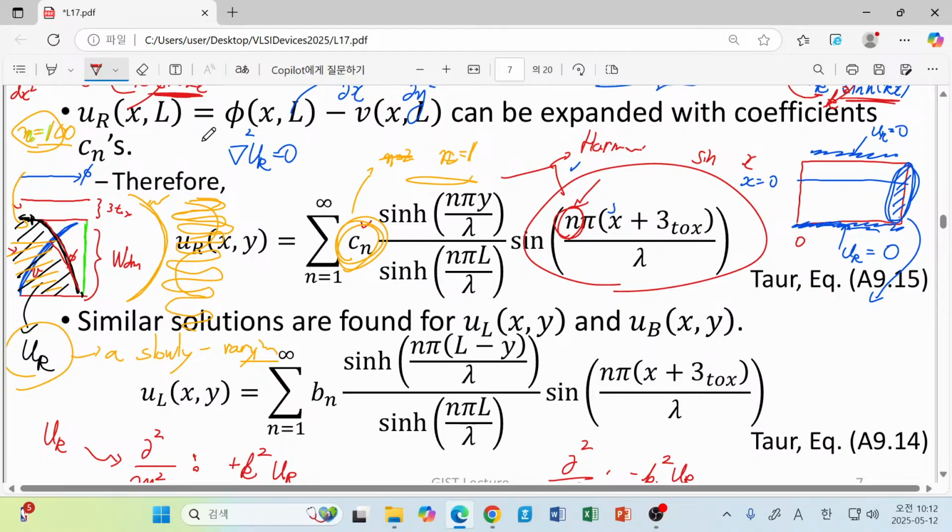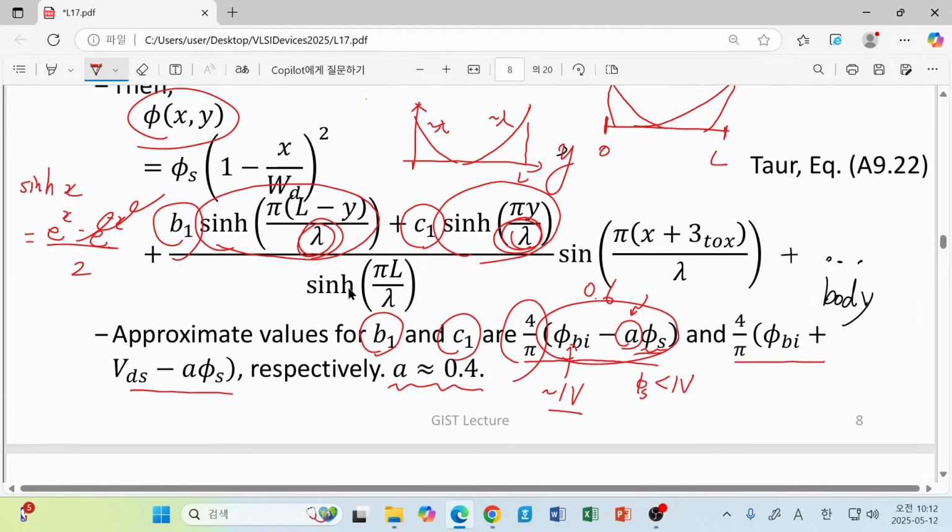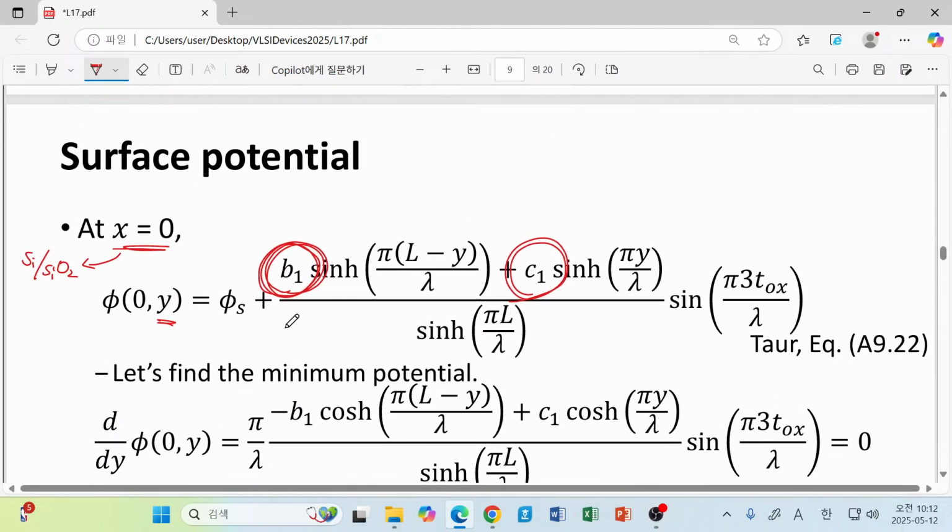That's the reason why in this approximate solution, we just took B1 and C1 value. Of course, if you wanted to do it even better, then we can apply B1, B2, or even higher components. But anyway, that was the solution.